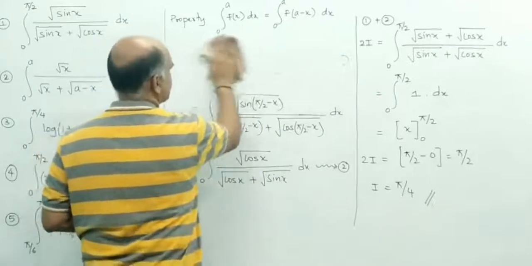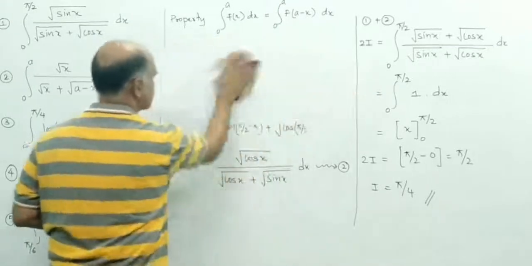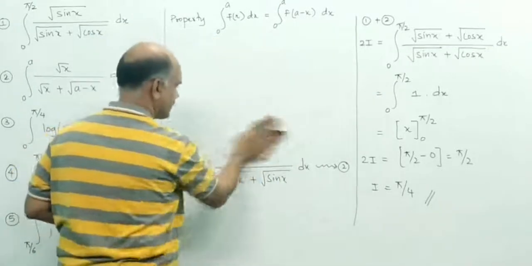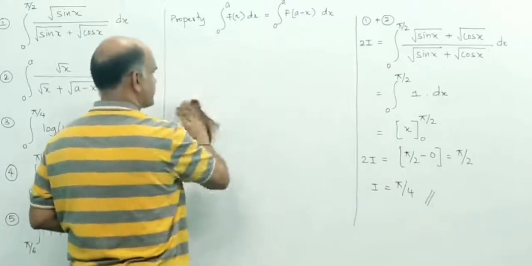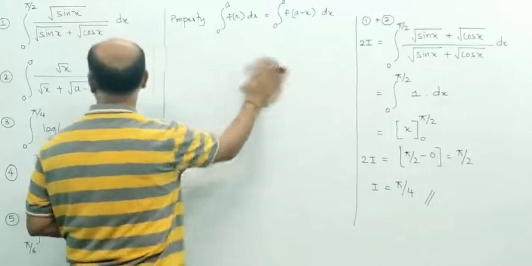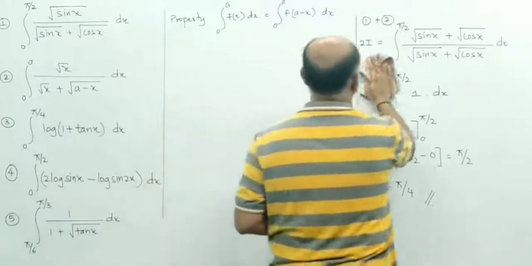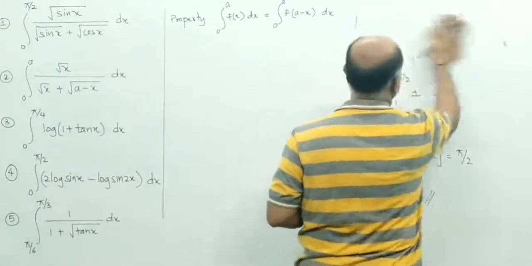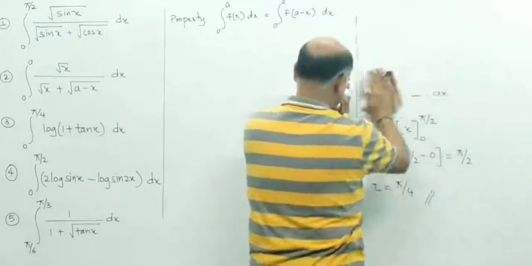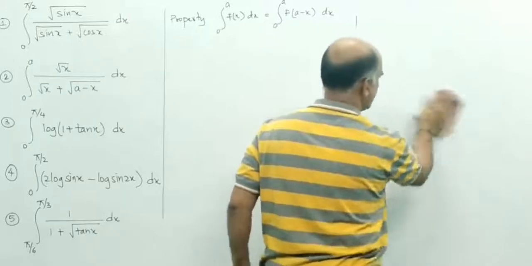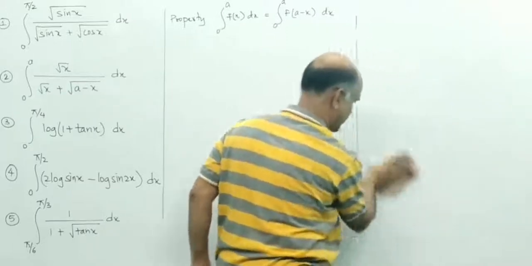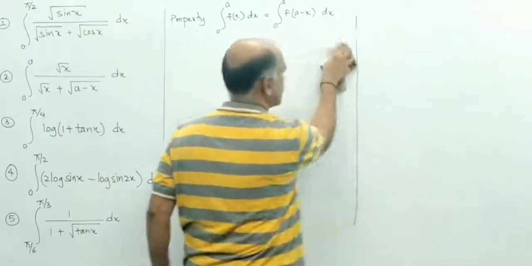So second also is same steps. You can solve, first take the given problem as I is equal to, then in place of x you substitute a minus x. So second one, I will be solving using the same property. Most of the problems are on same property.